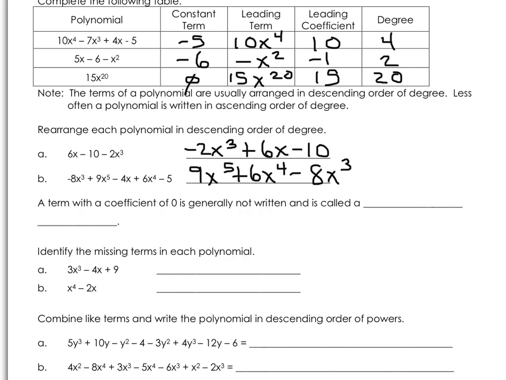What comes next? There's no square, but we jump to minus 4x. And last, minus 5. A term with a coefficient of 0 is generally not written and is called a missing term.